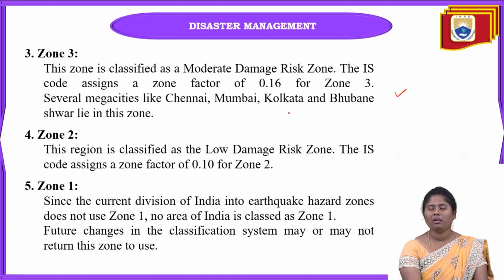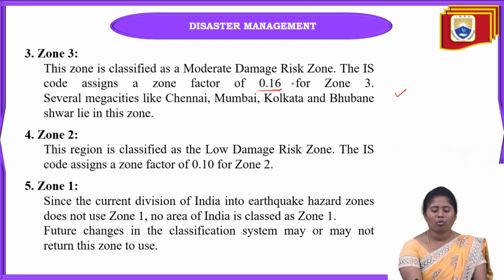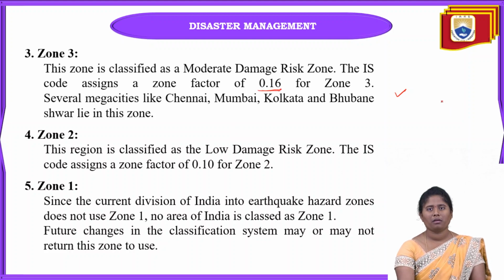These all lie in zone 3. Its zone factor is moderate when compared with zone 4 and zone 5. And the next one is zone 2. This zone 2 region is the low damage risk zone.